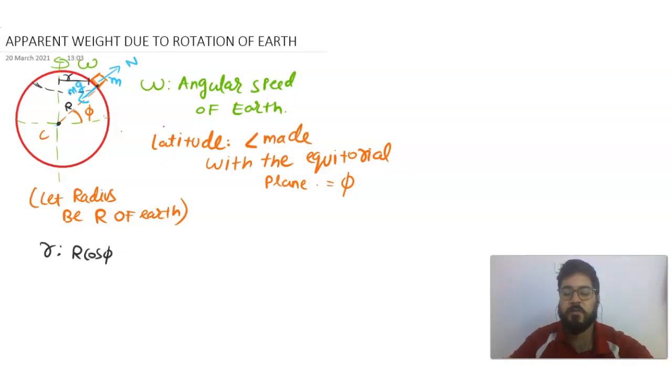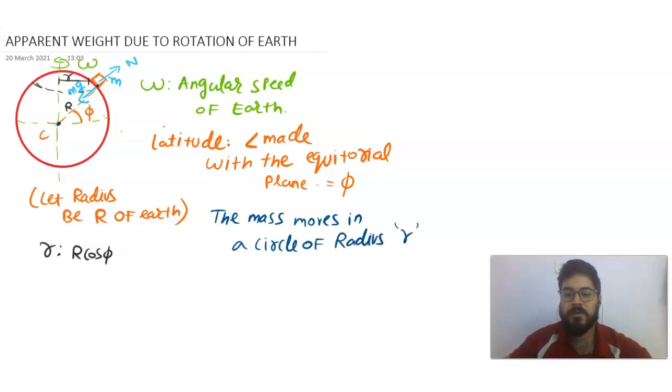Okay, so because it is moving in a circular path, we are saying that the mass moves in a circle of radius R. Now obviously the relationship between R and r we know now.